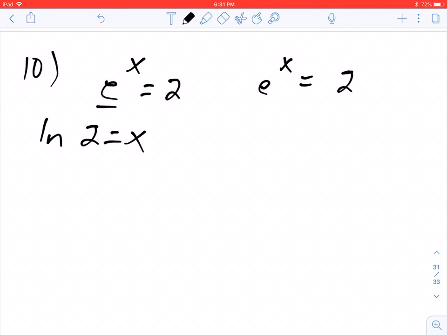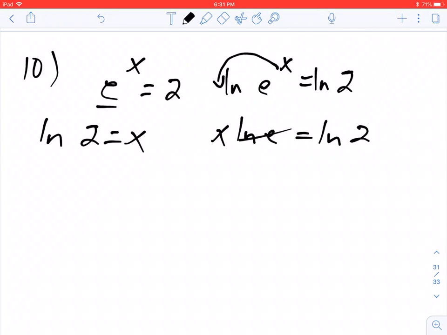So you can see this is base e, so we would actually use natural log and natural log. Now by doing that, what ends up happening is this x is allowed to now come down in front of the natural log using the power property. And natural log of e is 1, so that cancels out. And you can see we get x equals natural log of 2. And that's exactly the same as what we got over here.